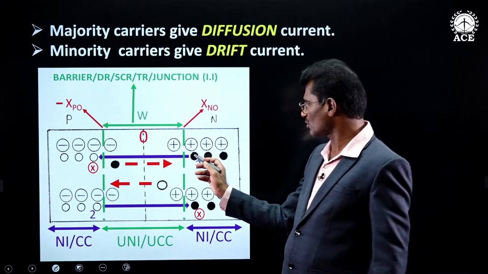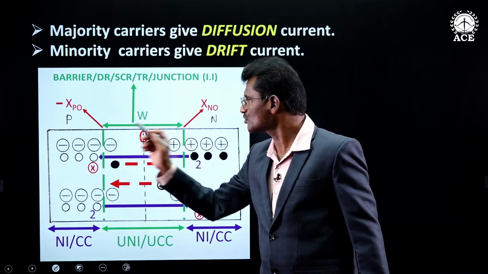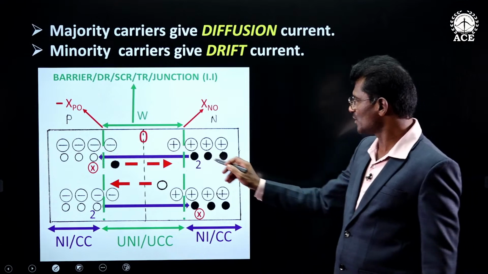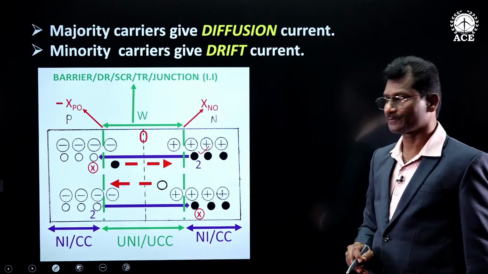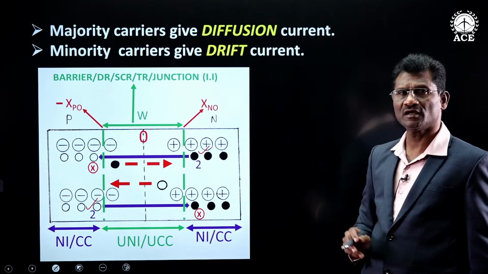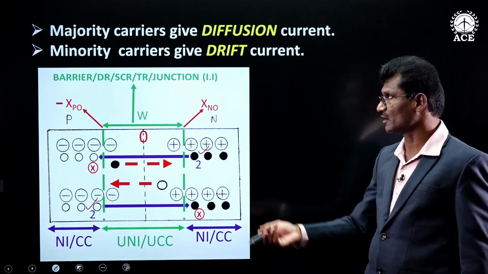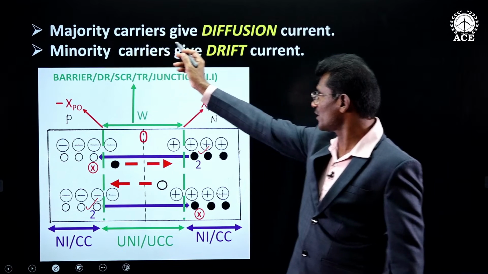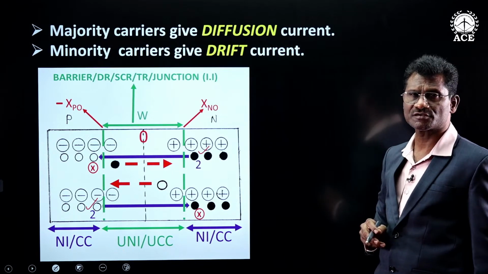Now, this electron is diffusing to P side, which is a majority carrier. This hole is diffusing to N side, which is a majority carrier. That is the meaning. Majority carriers give diffusion current.